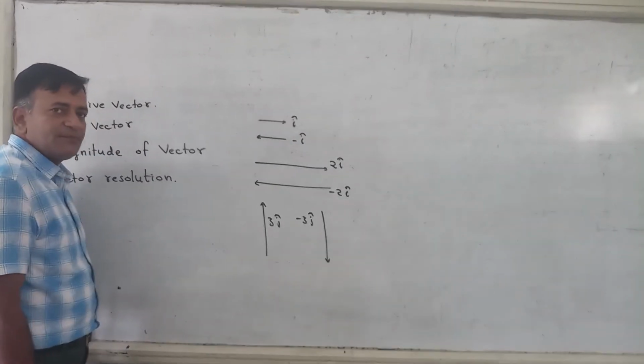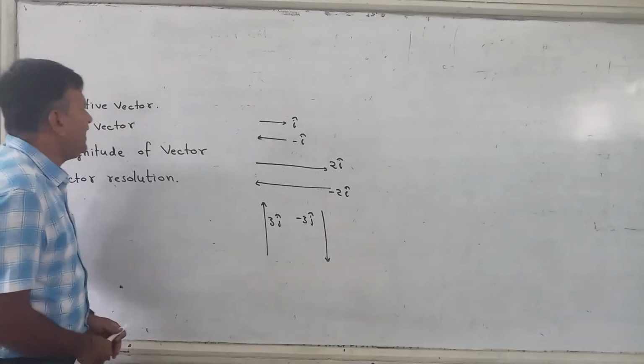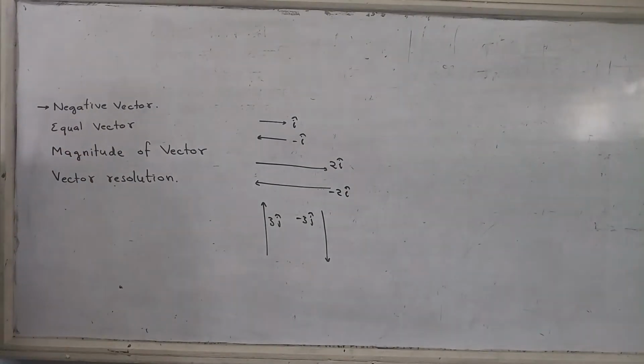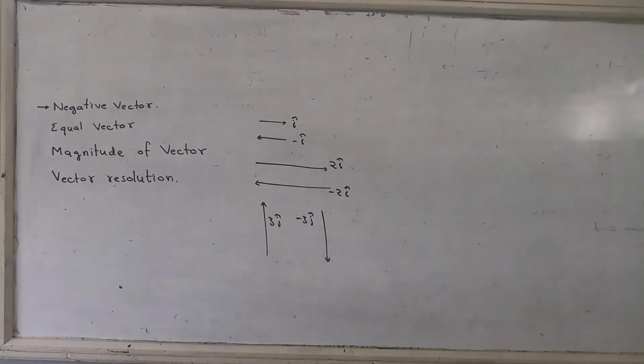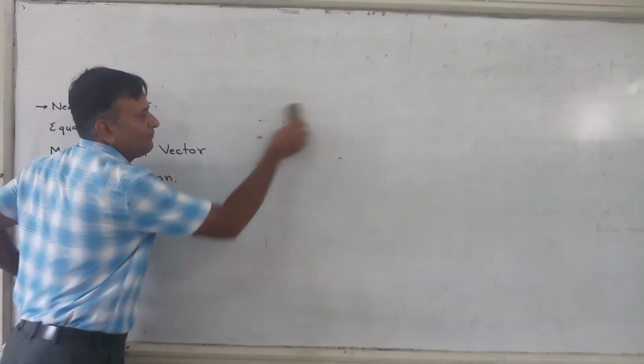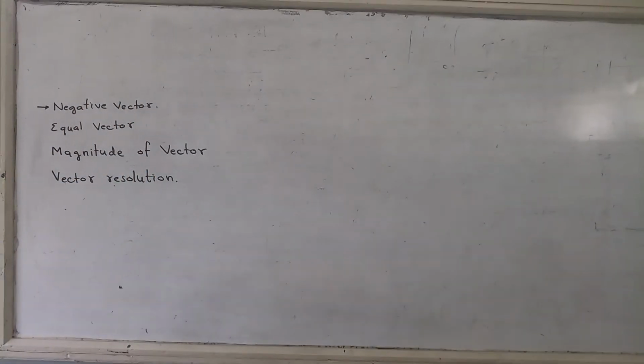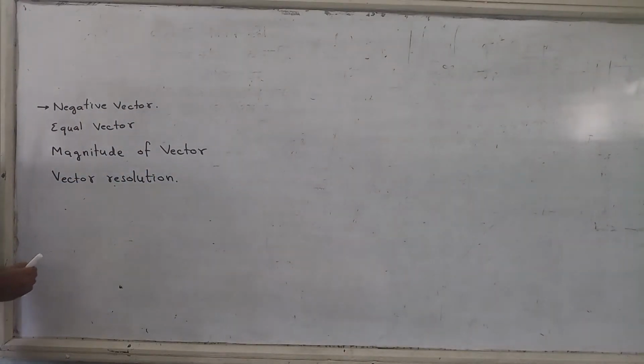Okay, fine. So this is negative vector. What is negative vector? Negative vector is the same vector with reversed direction. Got it? There is nothing more than this in a negative vector.